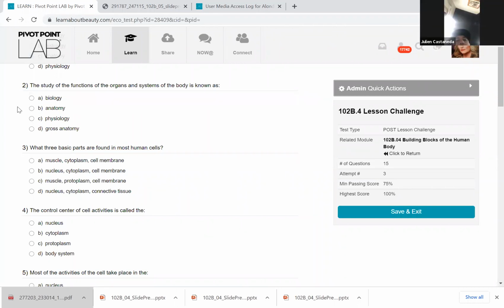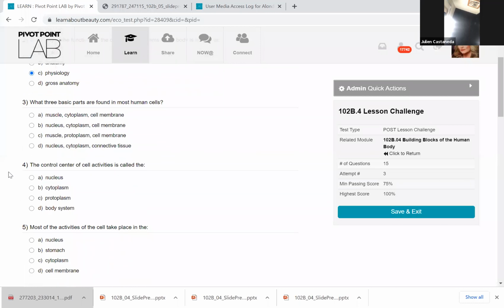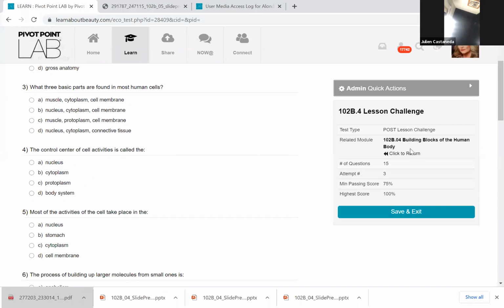It's on the tip of my tongue. The function. I feel like it's anatomy. It's the F word. Oh, physiology. Functions and physiology go together.